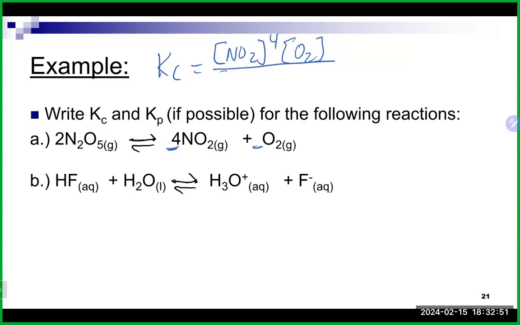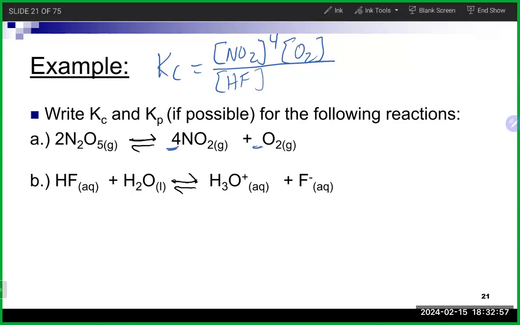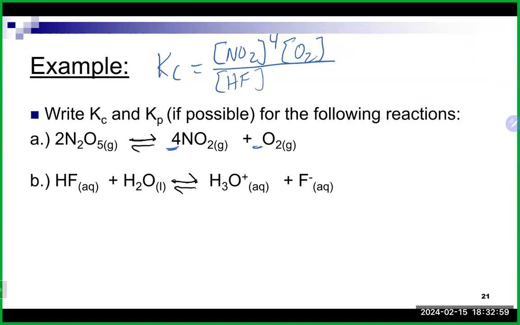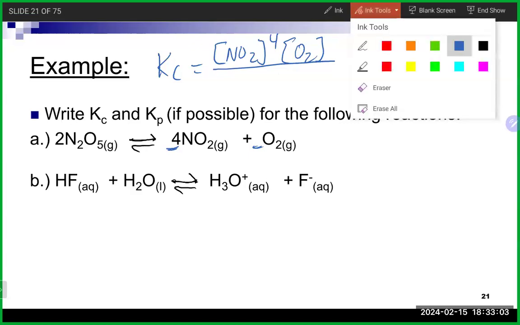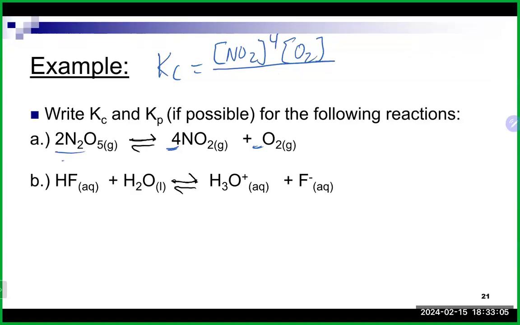We'll divide it by the concentration of HF. Actually, I should do the right one, I suppose. So maybe we won't divide it by HF. I'll look at the one we were actually doing. There you go. We're going to go over here to this reactant, which makes more sense. So we're going to divide it by the concentration of N2O5, and we will also square it there because of the coefficient. Any question on that one there?